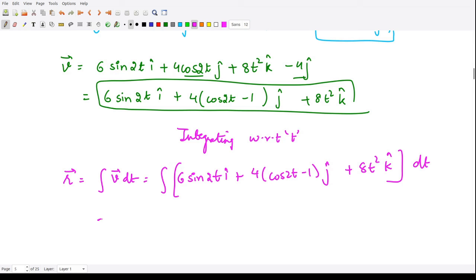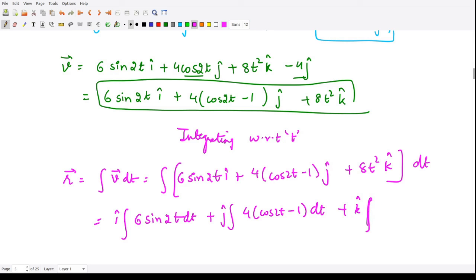So again the process is very similar. It would be i cap 6 sin 2t dt, plus corresponding to vector j cap we have 4 cos 2t minus 1 dt, and corresponding to vector k cap we have integration 8t square dt.